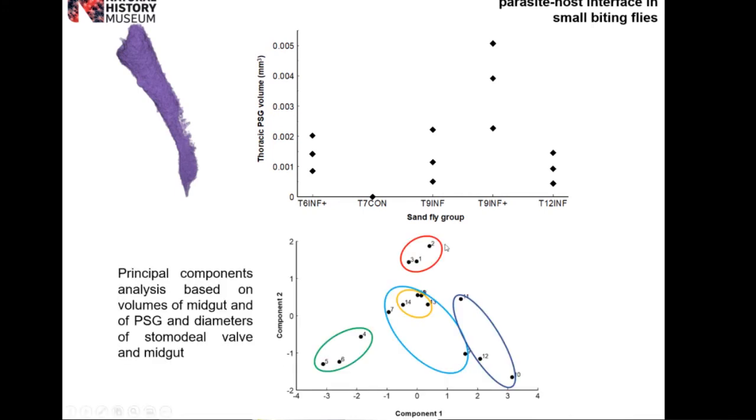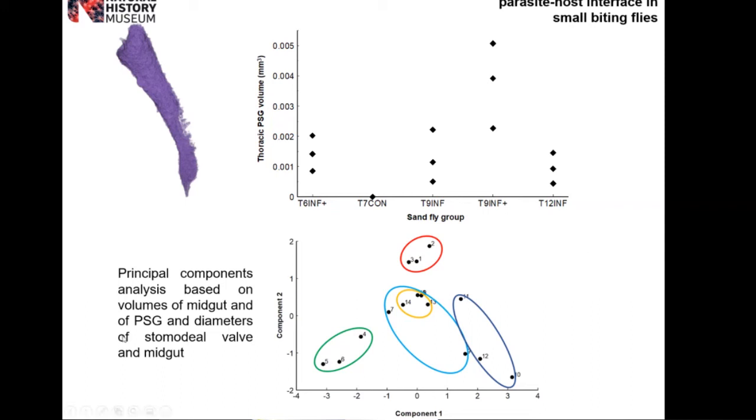You can see that just using principal components analysis, you can discriminate these different stages of infection of fly quite nicely. The controls here, these are the 6-day infected ones, and they're largely discriminated by the fact that they have a very large abdominal volume.